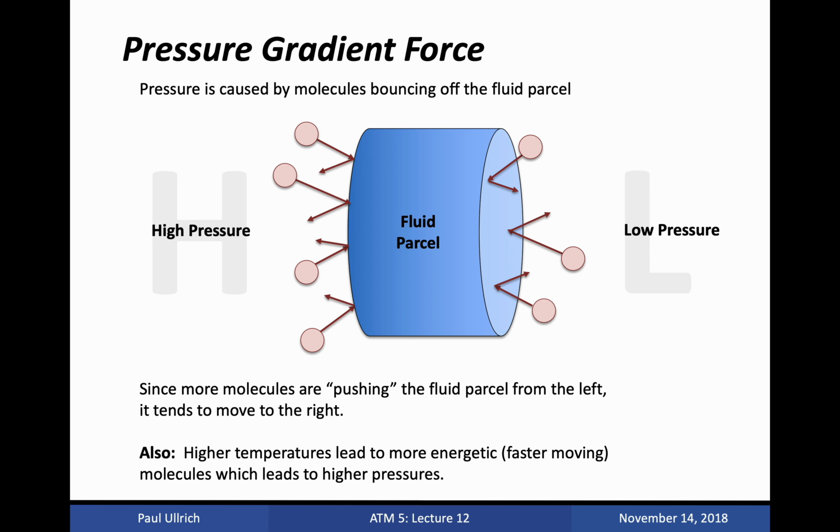In the case of an atmospheric fluid parcel, here depicted with a cylinder, if we have high pressure to the left and low pressure to the right, effectively what this means from a molecular standpoint is that there are either more air molecules on the left that are bouncing against the fluid parcel, or those air molecules are traveling with a higher velocity, that is, they have a higher temperature associated with them, and so carry more energy when they hit that left-hand side of the fluid parcel.